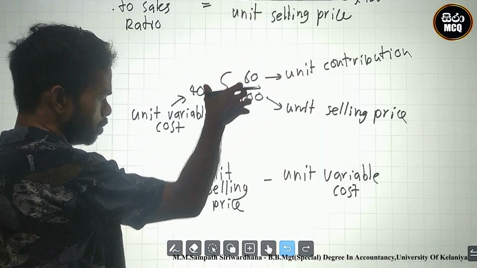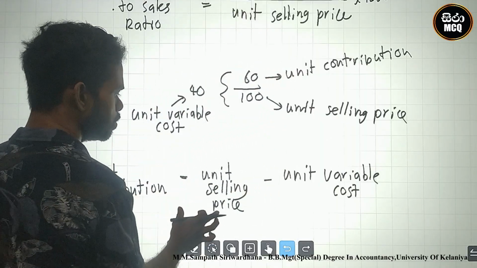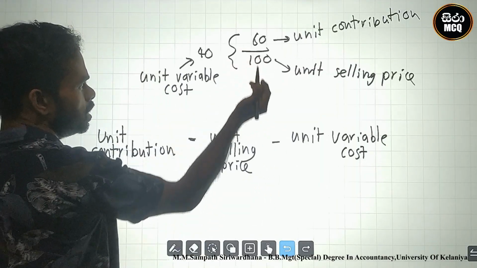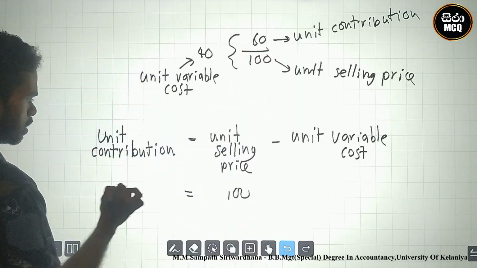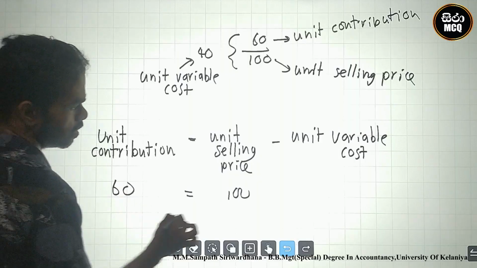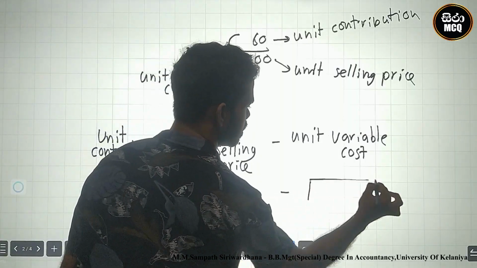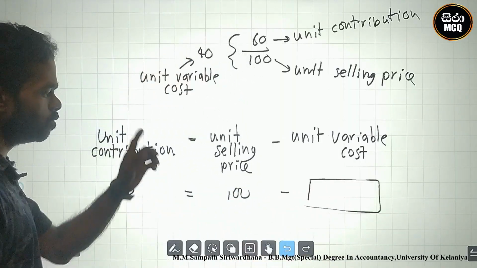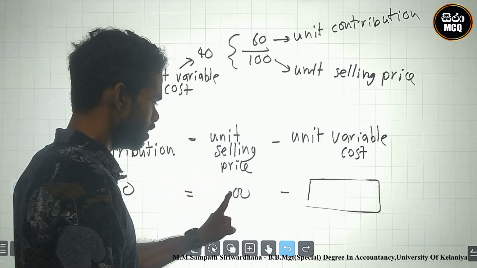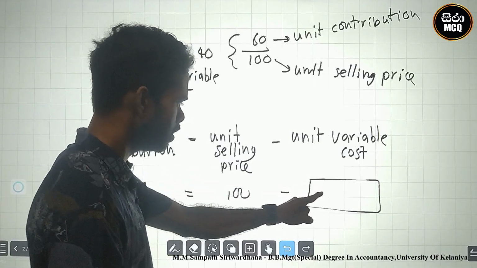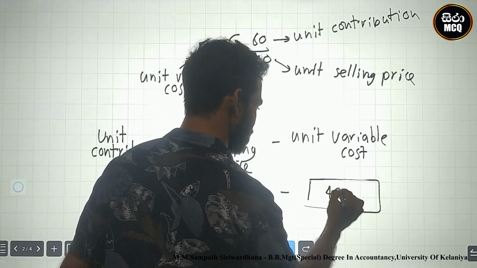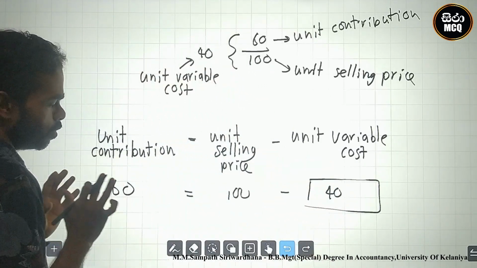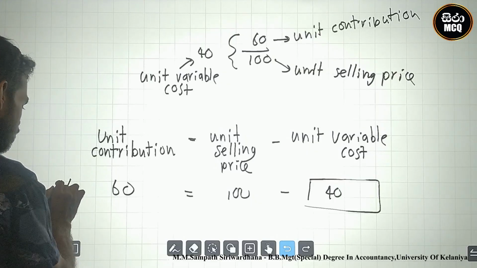Use this percentage information here. Look here, we find unit selling price is 100, unit contribution is 60. What is that? It is variable cost 40. Why? 100 minus some amount, the answer is 60. Okay, this one is 40. Variable cost is 40. This is the percentage meaning.